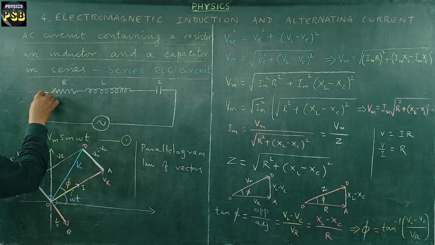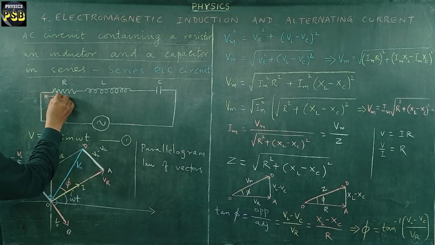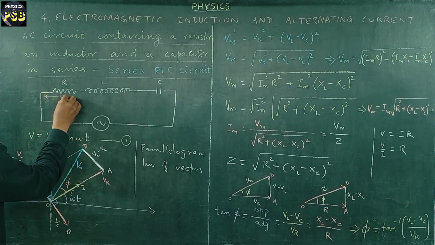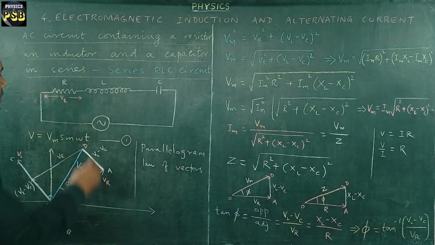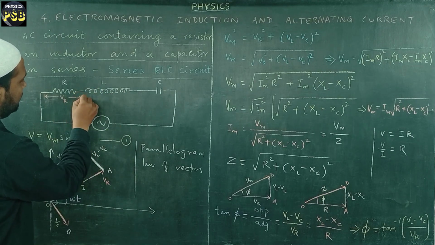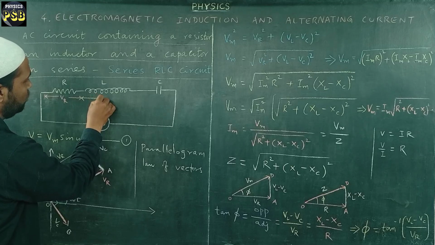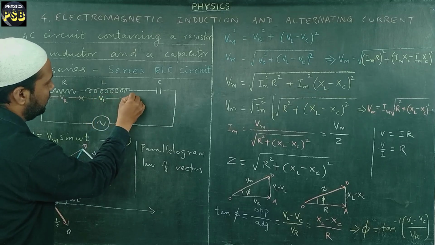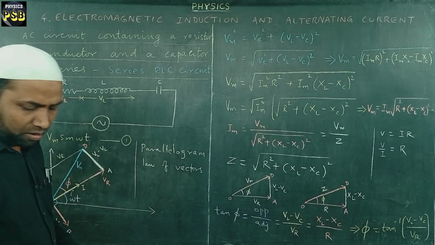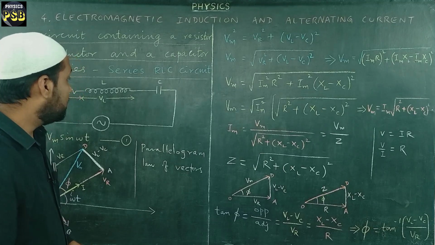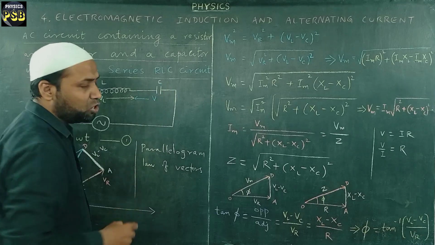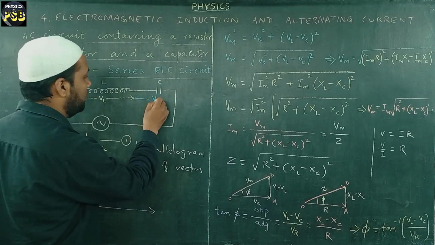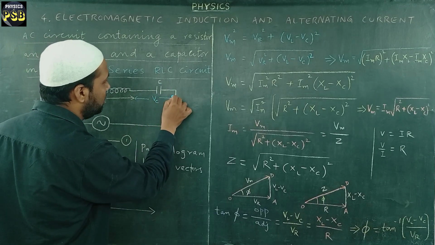The voltage drop across R is found to be VR, and the voltage drop across the inductor of inductance L is found to be VL. In a similar way, the voltage drop across the capacitor of capacitance C is found to be VC.